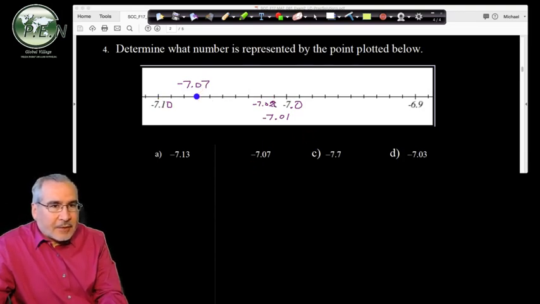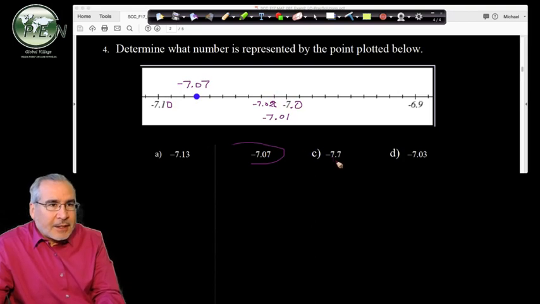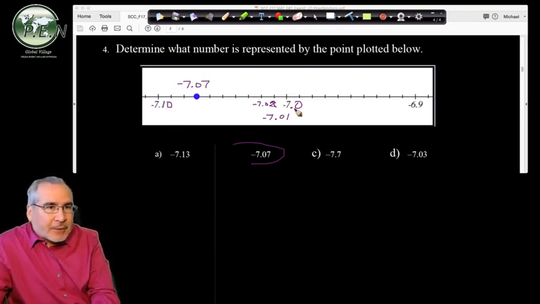So that means we look down here, here we go. And again, if you counted it from here to here, you could count there were 7 ticks in between, so either B or C looks good, but C doesn't match up because this would have to be like 7.8 or maybe 8. If this was 8, that would work. So if we were going from negative 7 to 8, but we're not. So this is what we got.